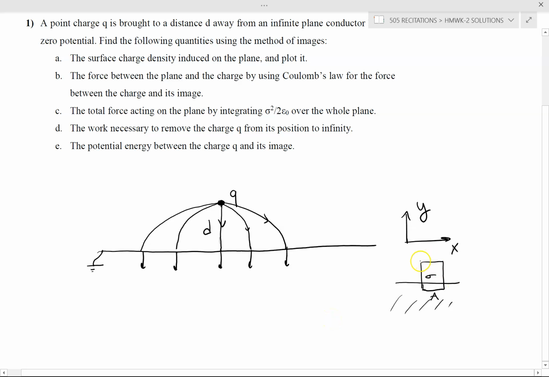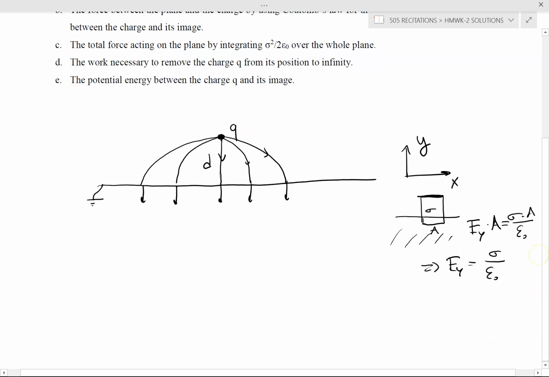The total E field will be along this surface, right? And in that case, E_y A shall be equal to sigma A, the charge density, divided by epsilon_0, which means that the E field due to the existence of charge density can be formulated as follows.